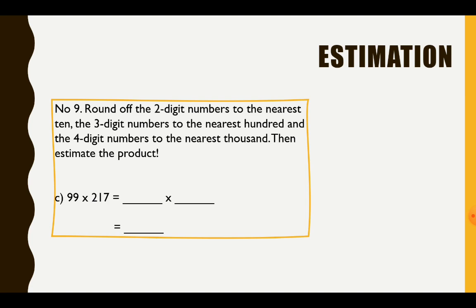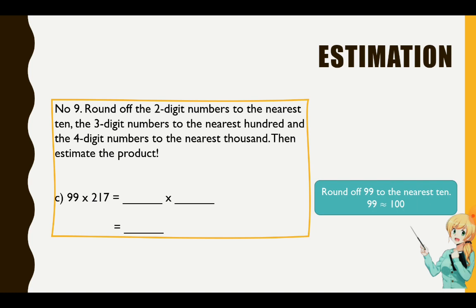Before we multiply, we need to round off the numbers. First, round off 99 to the nearest 10. 99 is between 90 and 100, but closer to 100. So 99 is approximately equal to 100.